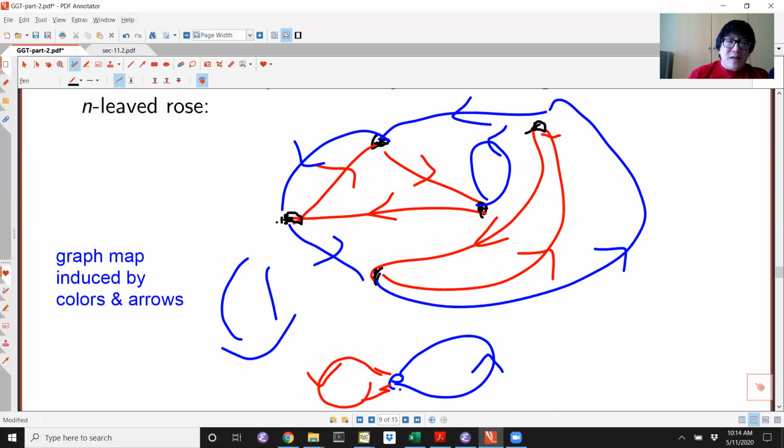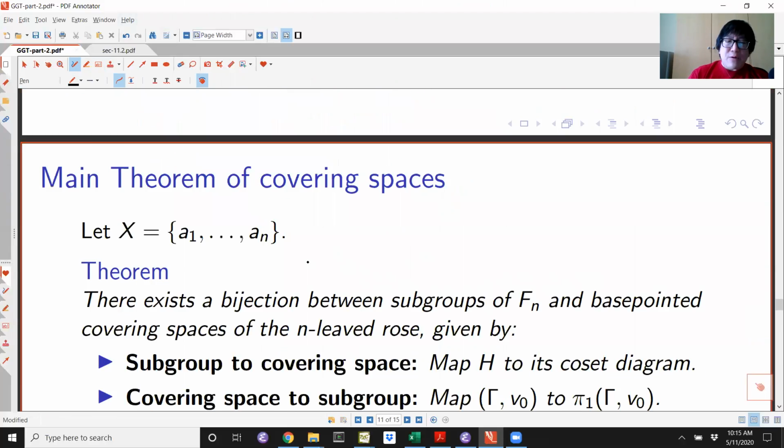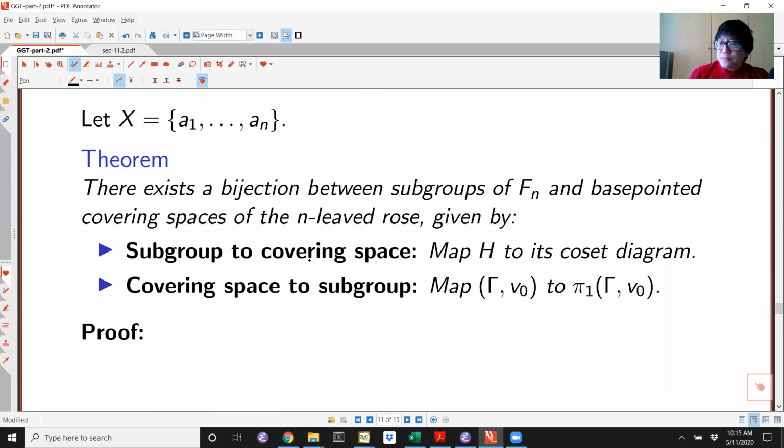There really is a Galois correspondence, which says, again, we always have to be working with base pointed covering spaces. Here's how the Galois correspondence goes for covering spaces. Given a subgroup H, you map that to its base pointed coset diagram.